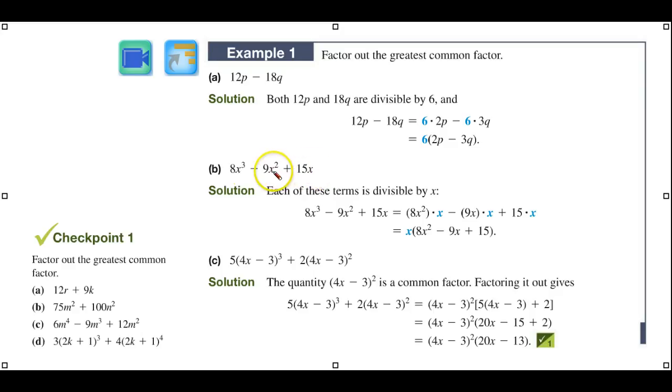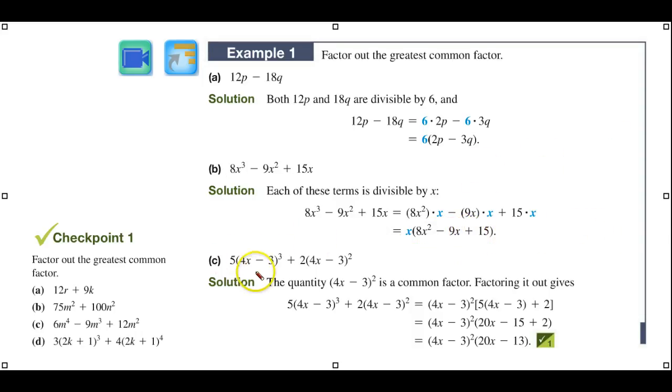There is a common x that I can take out of each one, and that's what I illustrate here. Now notice if you distribute this, you get back to what you start with. And inside the parentheses now, there are no more common factors.